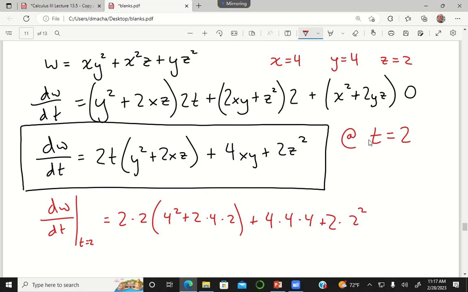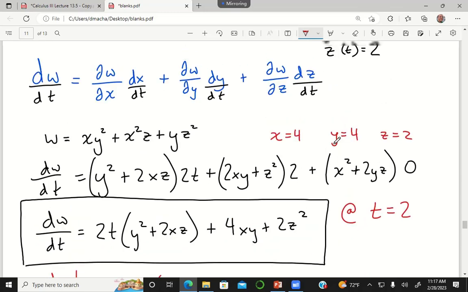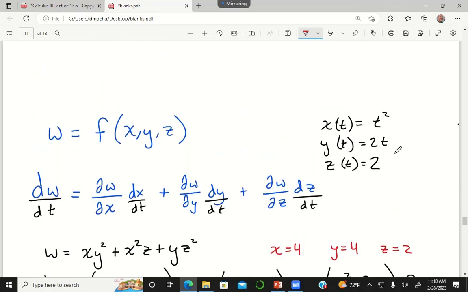So if you're being very astute, very observant here, you might notice that this result is exactly the same result as you would get if, from the beginning, whenever I told you that w is equal to xy squared plus x squared z plus yz squared, and I told you that these x, y, and z were functions of t, you could just make these substitutions from the very beginning.